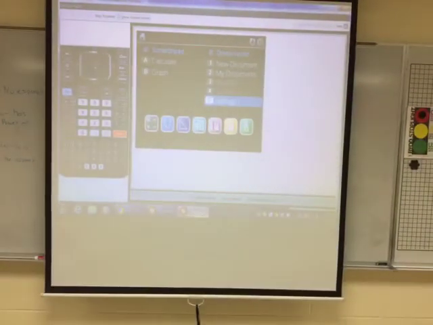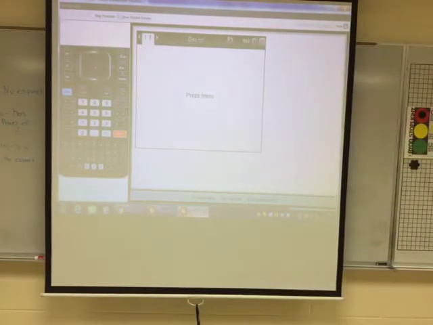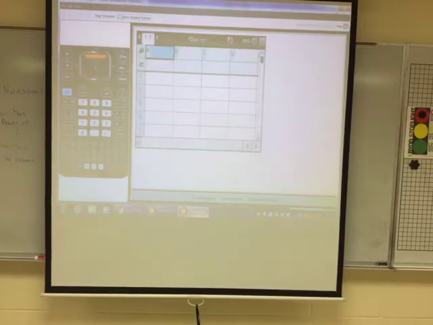So we're going to add a new document, add a lists and spreadsheets page. So my x's are going to be my years, my y's are going to be the populations. So I'm going to pull the points here from the graph.